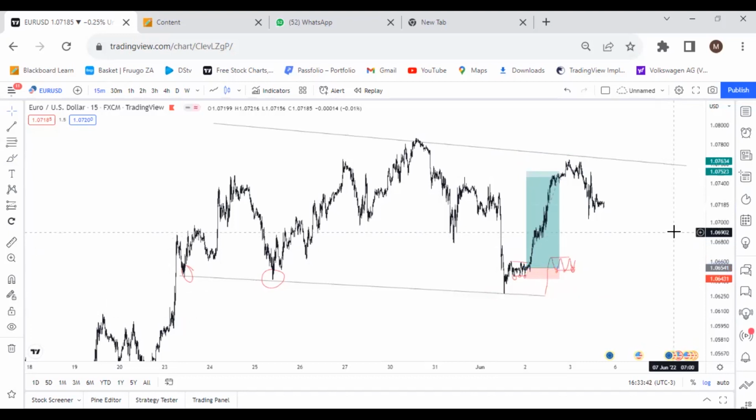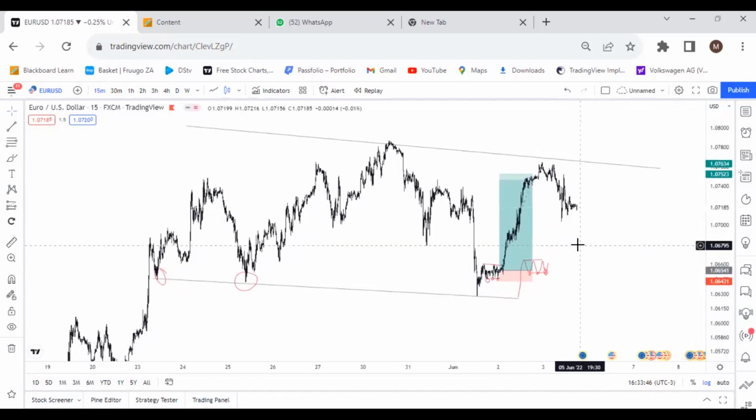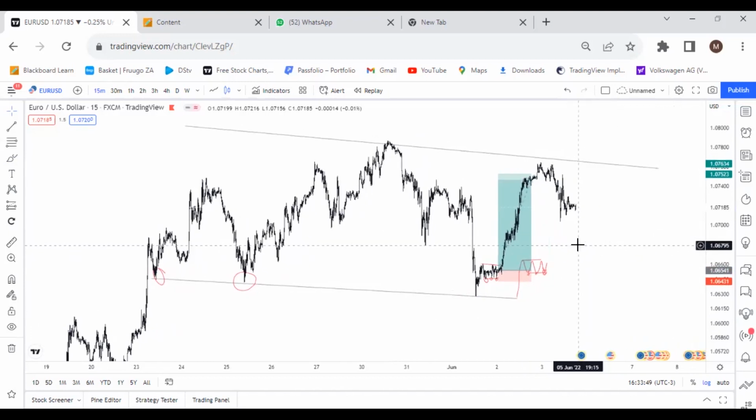What I actually like about this strategy is that these things are so repetitive, it'll basically become embedded in your brain where you easily spot a correction. Like, oh, that's a correction right after a reversal. It's so easy to spot once you become familiar with this type of trading style.